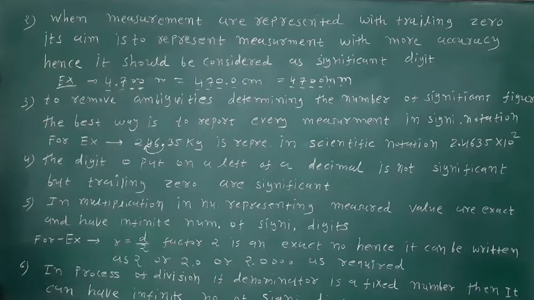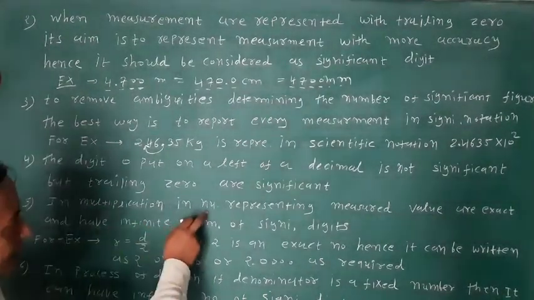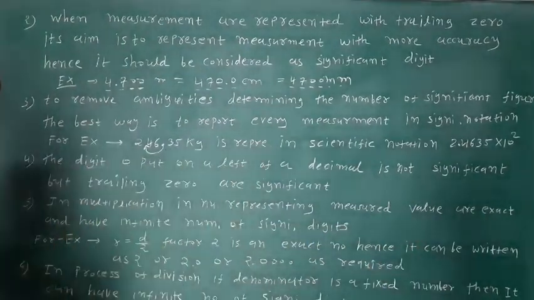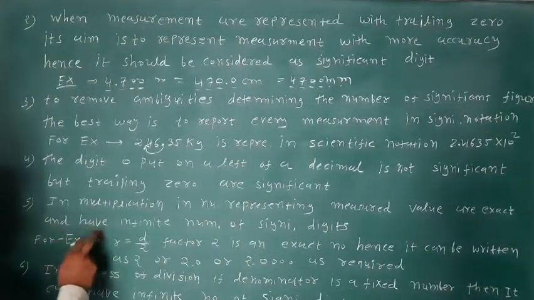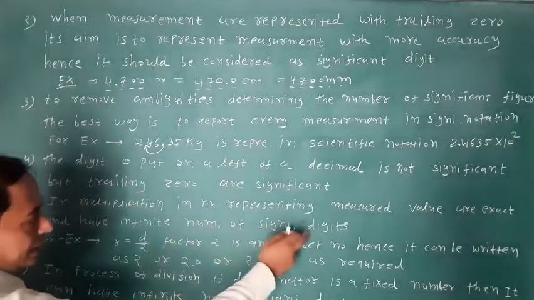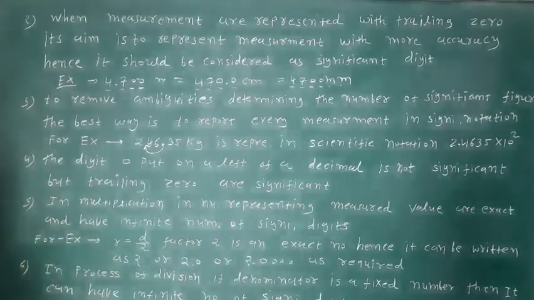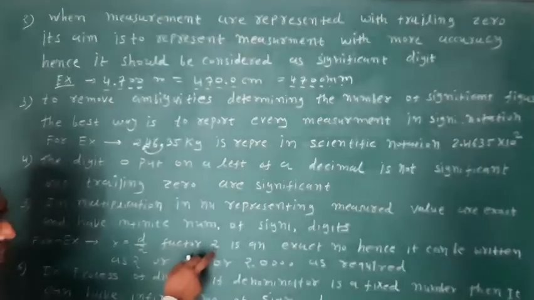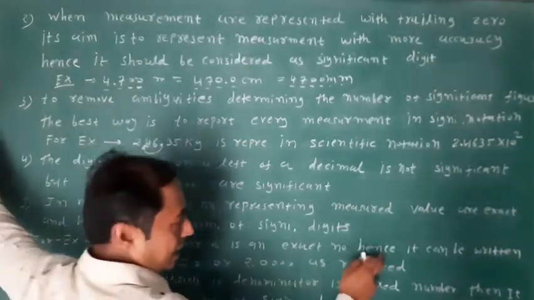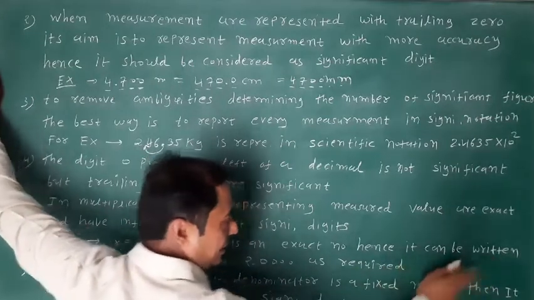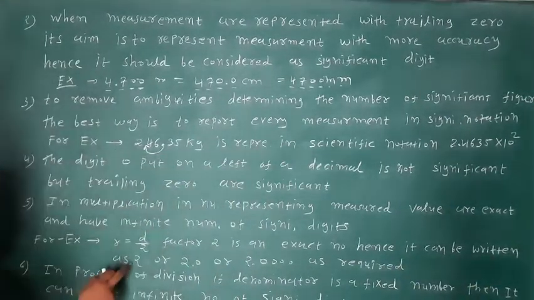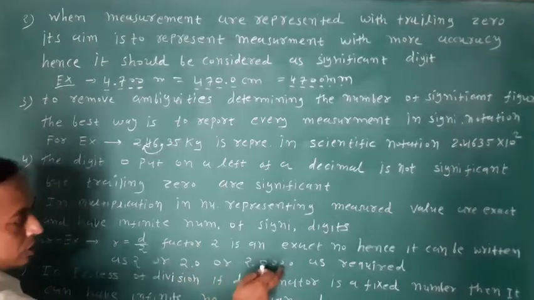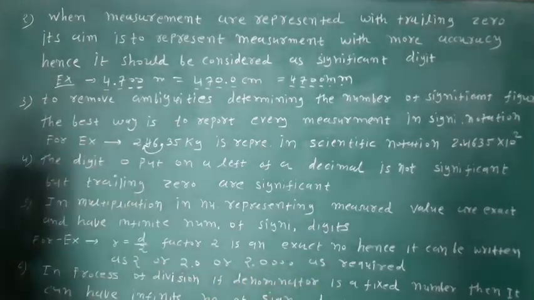Fifth, in multiplication, numbers representing a measurement value are exact and have an infinite number of significant digits. For example, r is equal to d by 2. The factor 2 is an exact number, hence it can be written as 2 or 2.0 or 2.40 as required.